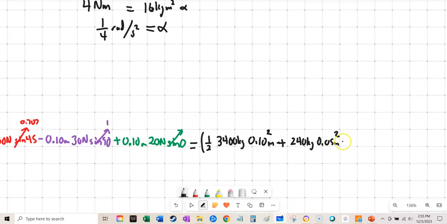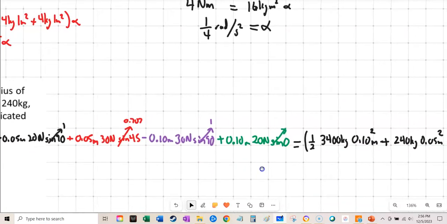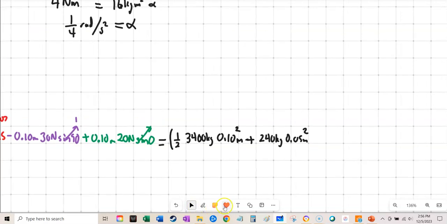We're going to square that. The other rocket, which I think was our red rocket, is also 240 kilograms and 0.05 meters out.